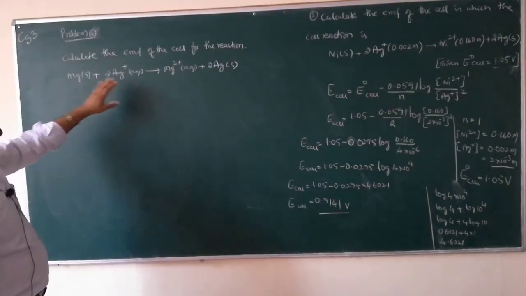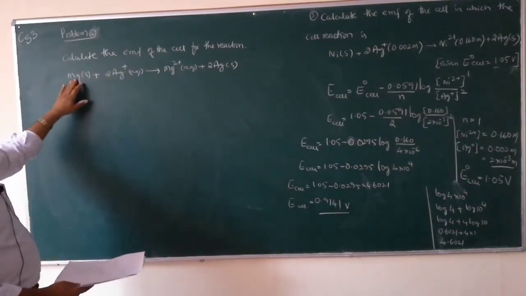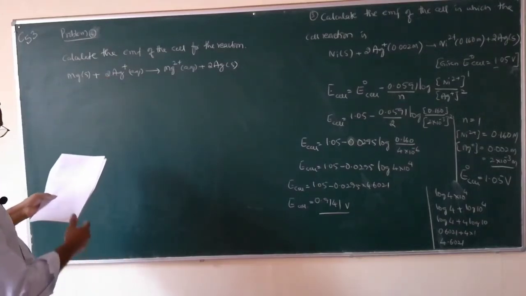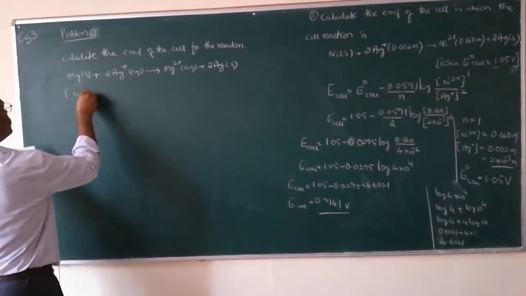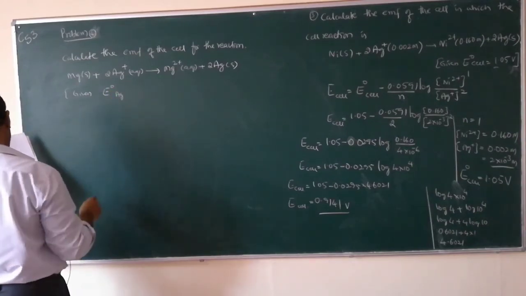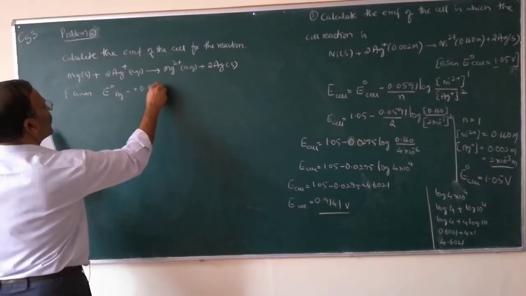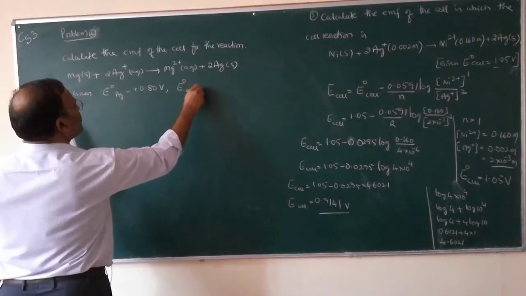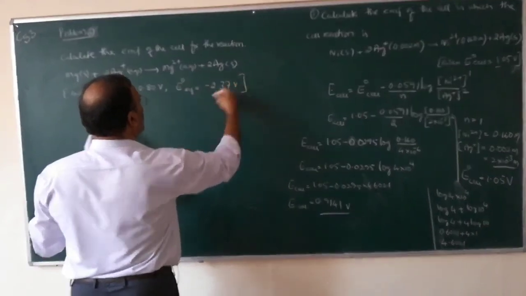Here magnesium electrode is anode, silver electrode is cathode, because magnesium undergoes oxidation, silver electrode undergoes reduction. So given E naught of Ag equals plus 0.8480 volt, E naught of Mg equals minus 2.37 volt.